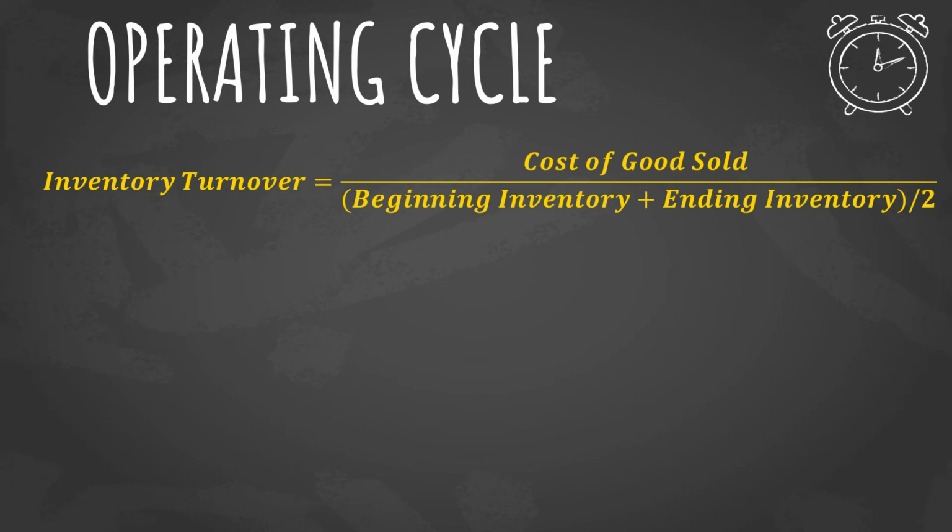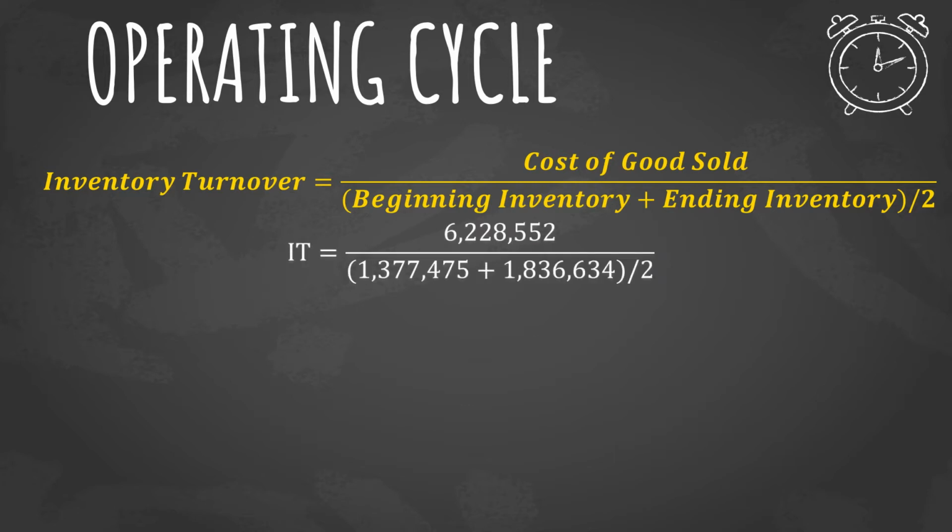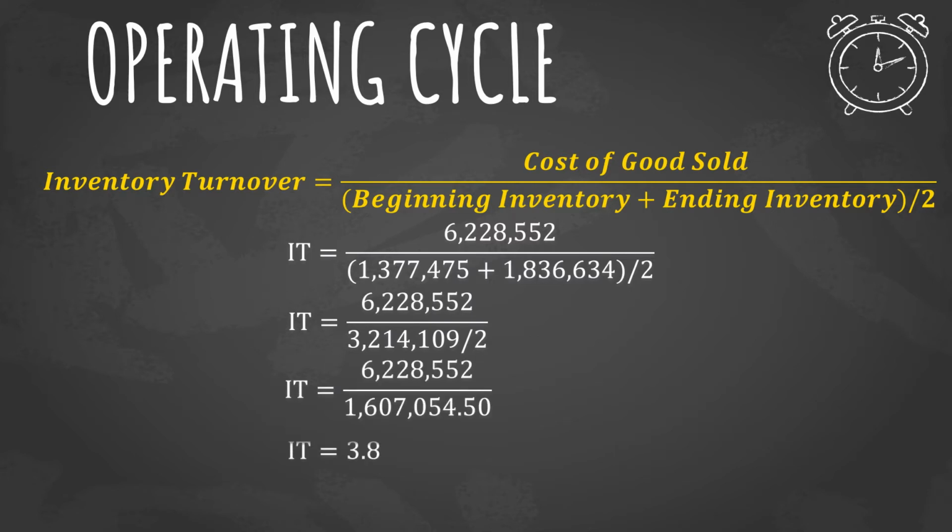So, the formula will be the cost of goods sold and then you will divide it in the average of the inventory. So, based from our balance sheet and income statement, these are the figures of our cost of goods sold and beginning and ending inventory. So our inventory turnover will be 4 days.